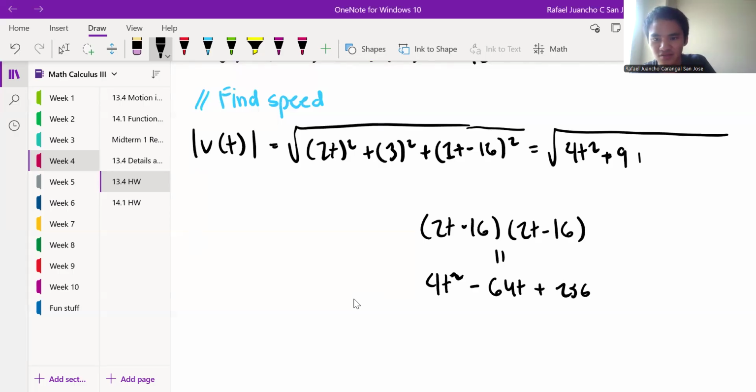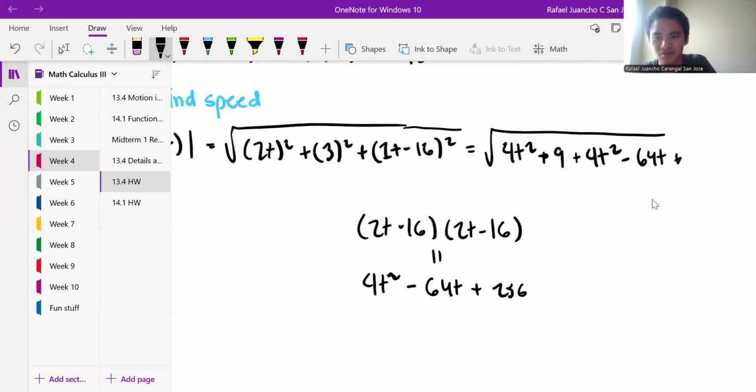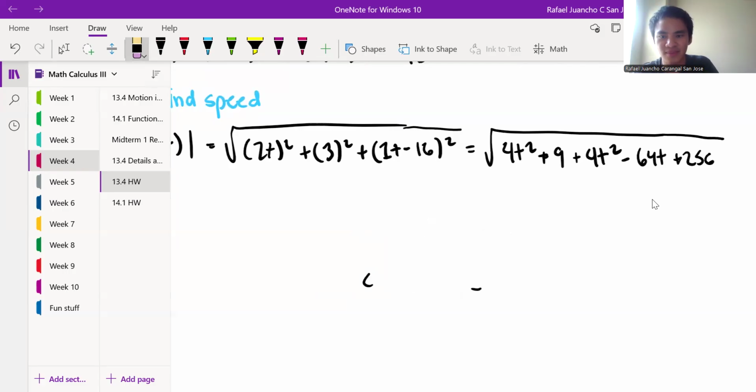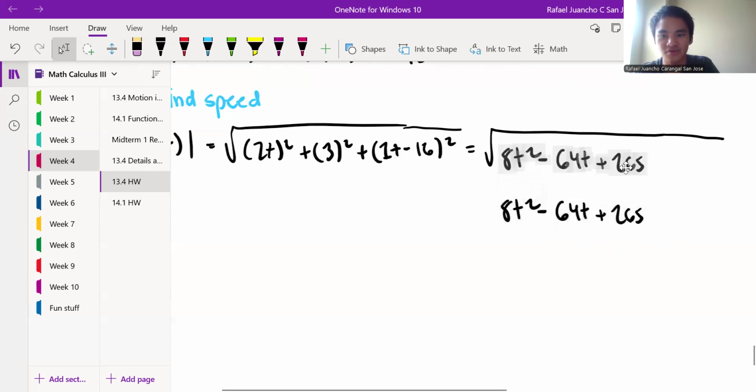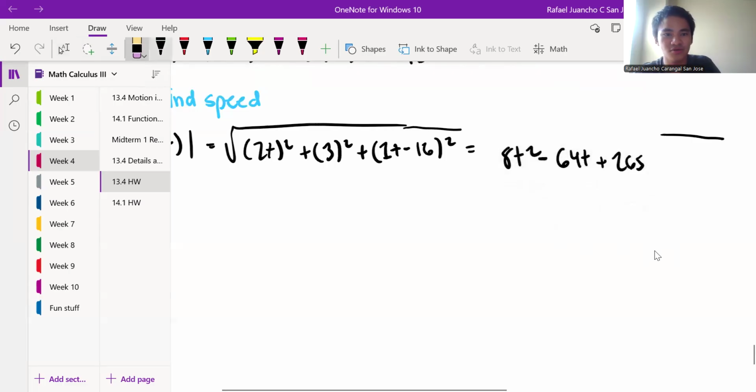So we add it to here: 4t squared minus 64t plus 256. We can simplify this even more. Here we get 8t squared, and here we get 256 added to 9, so we get 265. And there we go. Now I just replace it here with the simplified one.